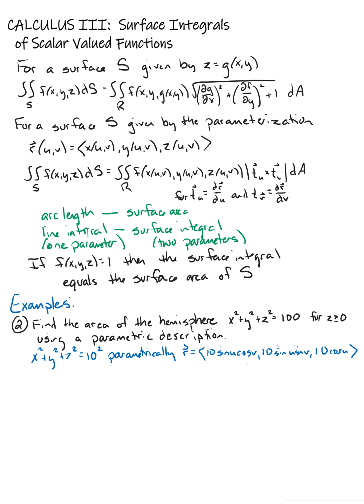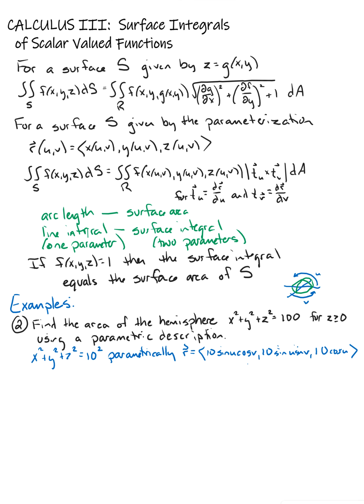Just be aware, make sure you're comfortable with this. This shape has the look of the hemisphere where z is greater than or equal to 0, so it's something like this. This is our shape. U goes this way, and V will go that way.